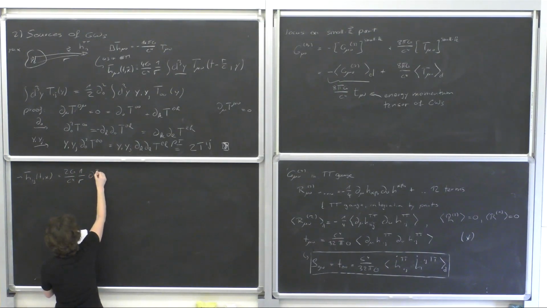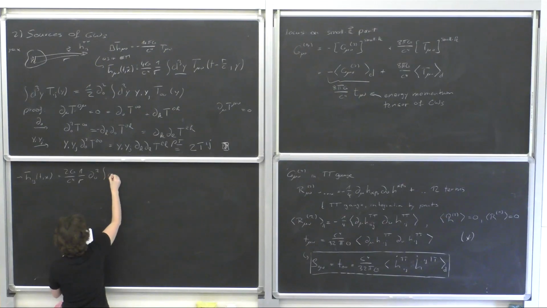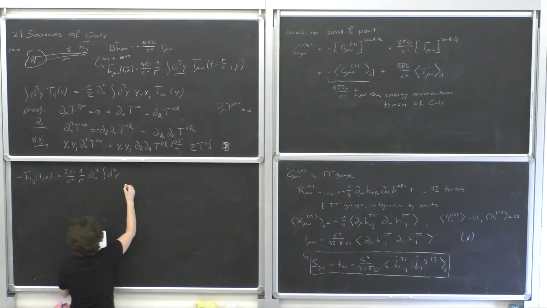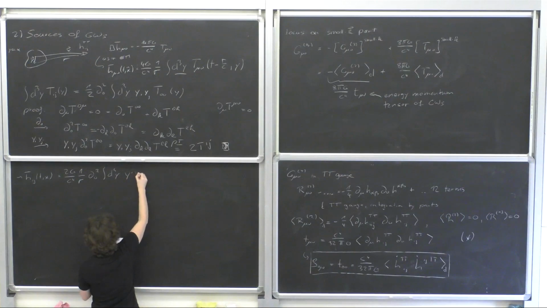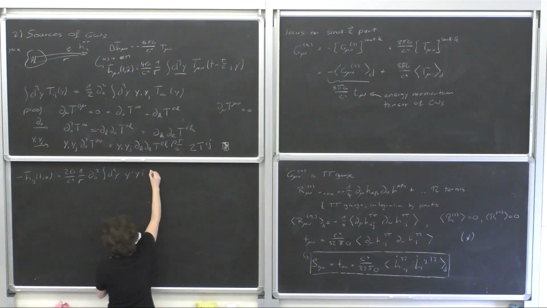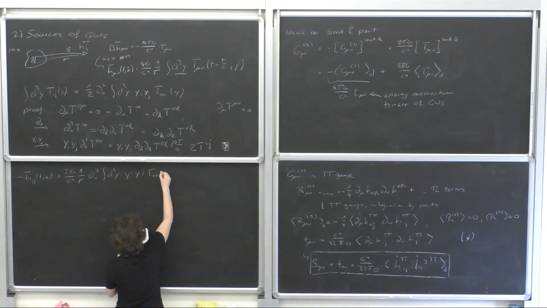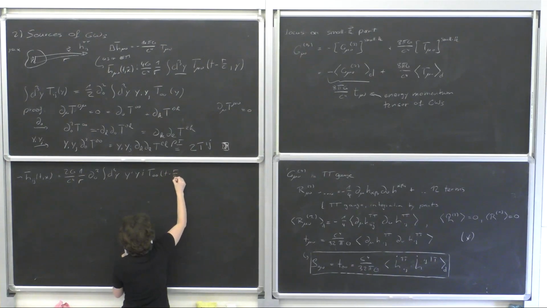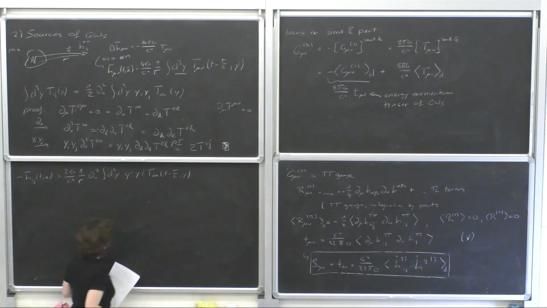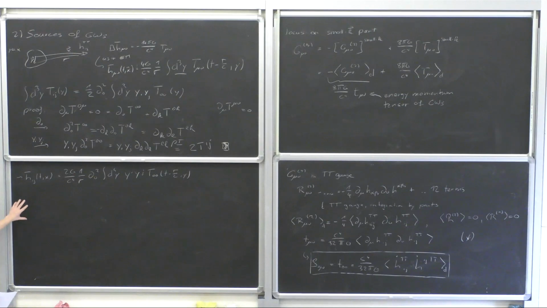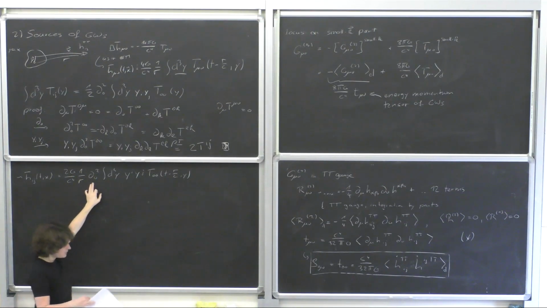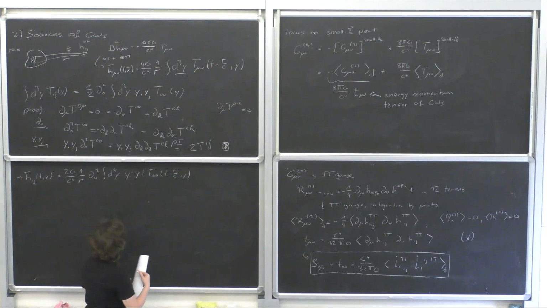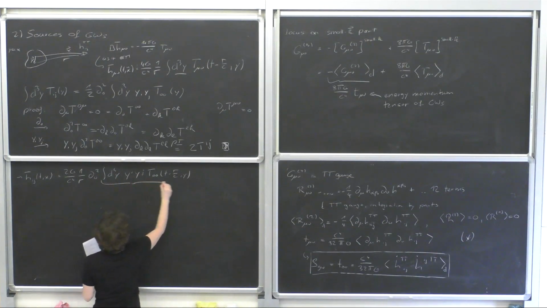Okay, this is just plugging in what we got upstairs. Okay, so what is this telling us? This is telling us that the spatial components of the gravitational wave are sourced by the second time derivative of this object here, which I will give a name.